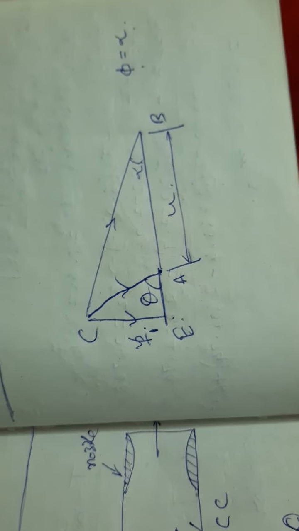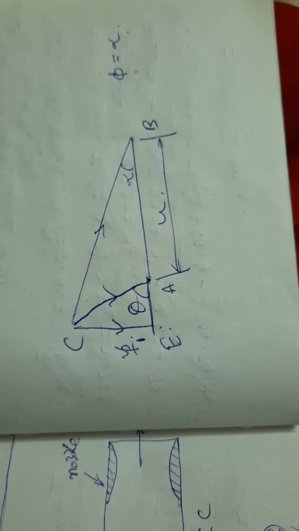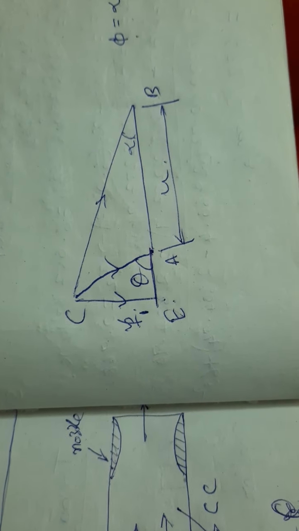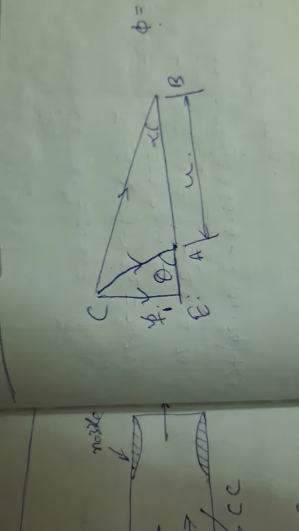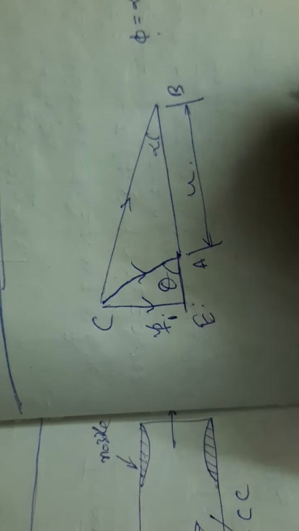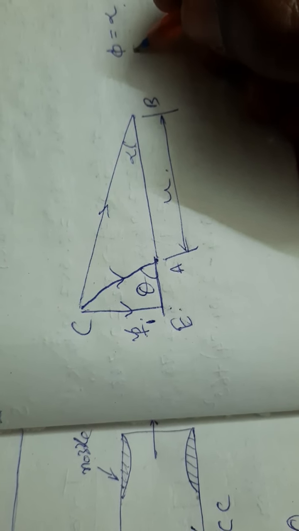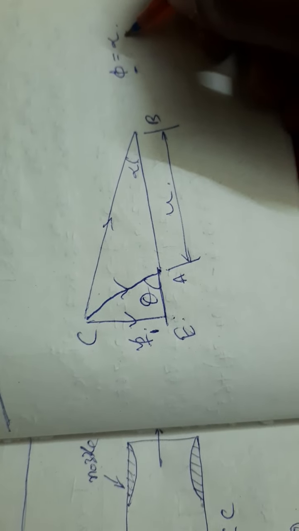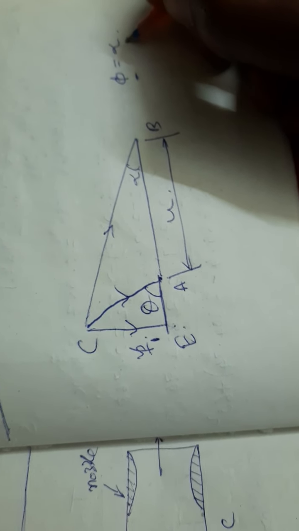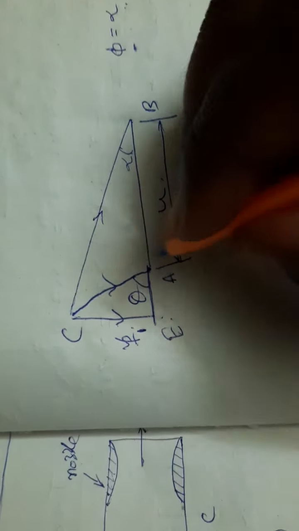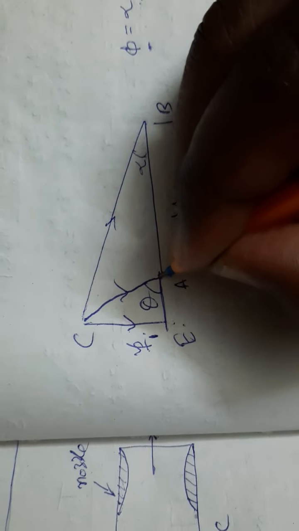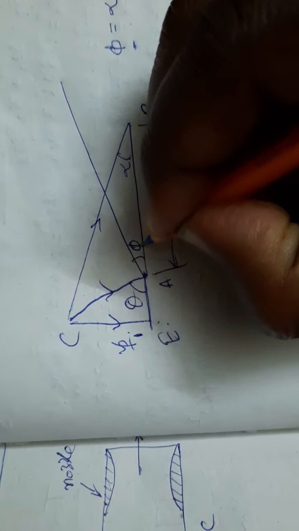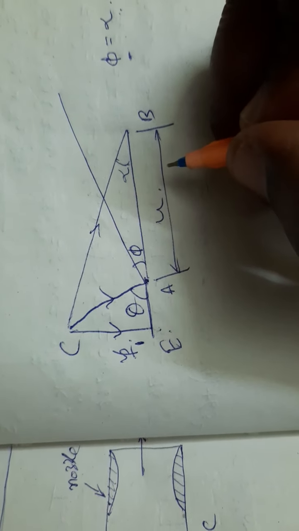The steam first flows through the fixed blade, then glides over to the rotor. So the exit angle of the fixed blade is the inlet angle of the moving blade. So draw the AD line with an angle phi which is equal to alpha.